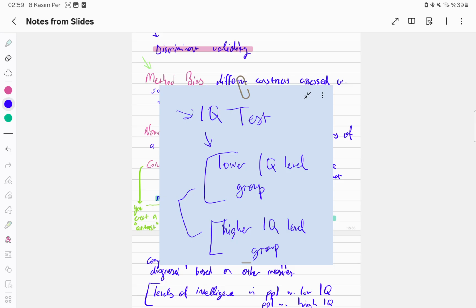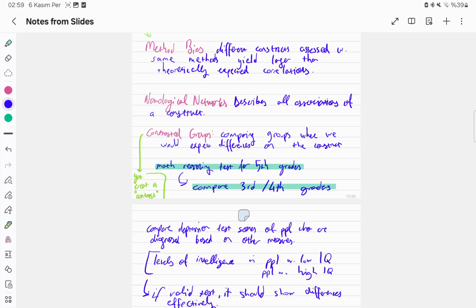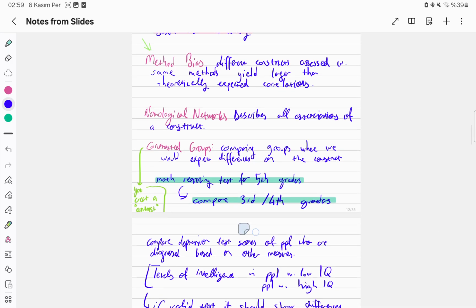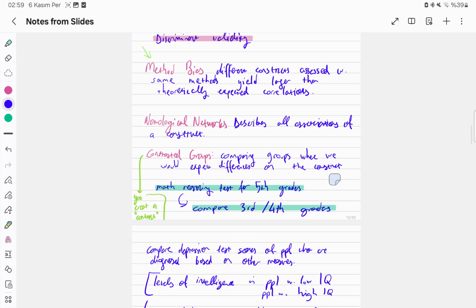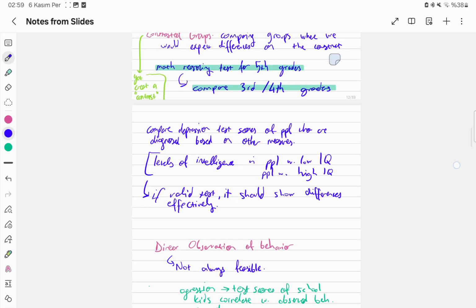So this is basically what contrasted groups measure. It's for construct validity again, and we're just contrasting between different groups, trying to see if we are successful in our measurement in the groups where we already know which group they belong to.